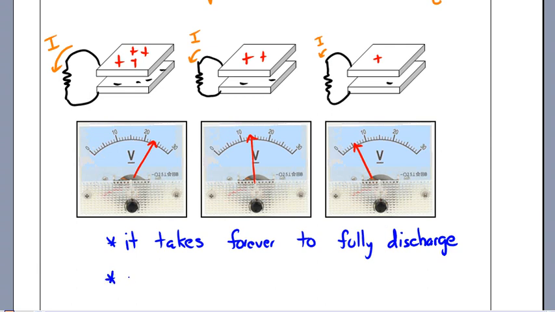So we usually say in electronics, it is essentially discharged after 5 time constants.